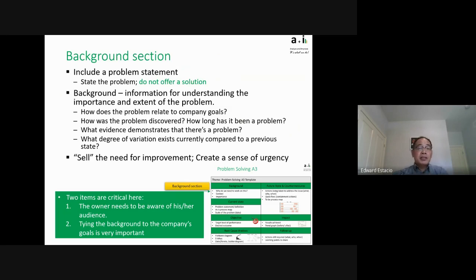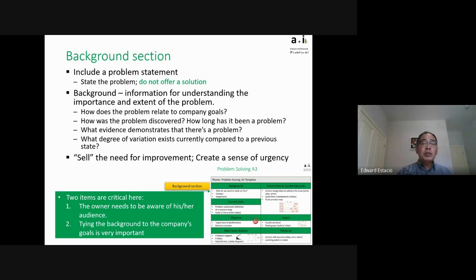The background section, which includes the statement itself. What is the problem? Please, when we do that in the background section, do not offer any solution, right? So what's the background? Is it related to the company goals?